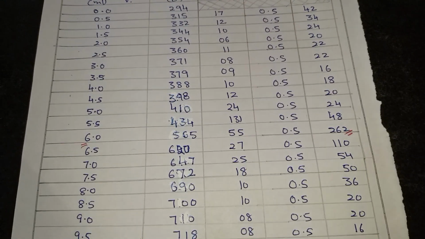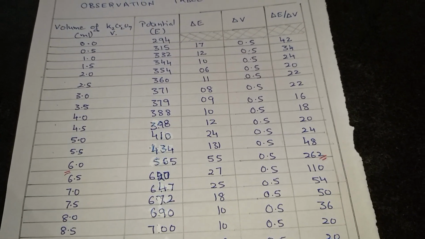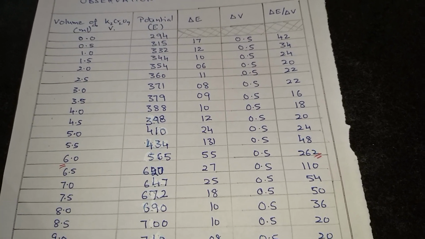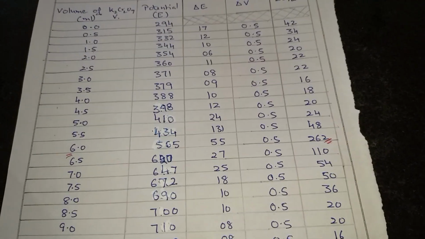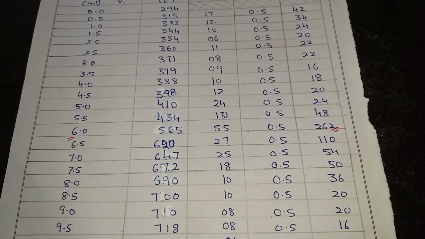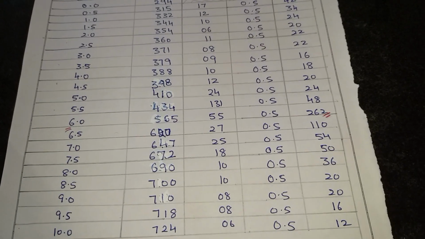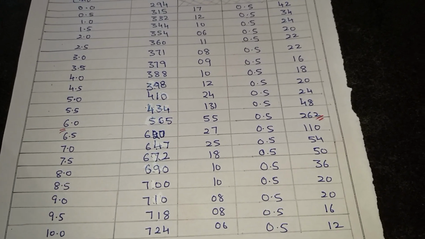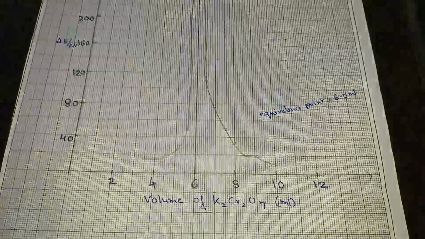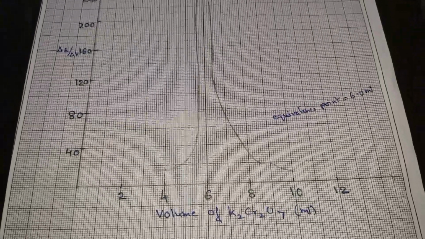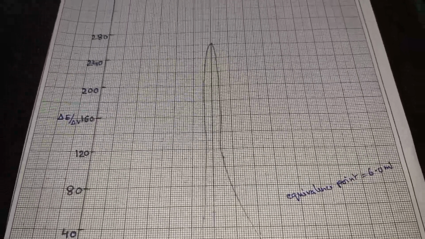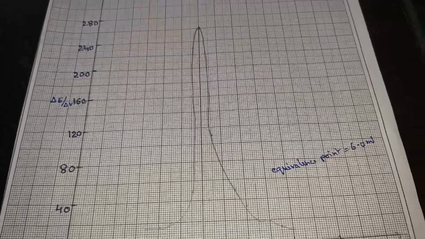And here we can see that at 6 ml we are getting a peak. Maximum value of delta E by delta V we have got. Now we will plot the graph, and from the graph we will get to know about the equivalence point, which we will substitute in the formula to calculate the amount of ferrous ammonium sulfate given to us. So we are plotting a differential curve where volume of potassium dichromate is taken on the x-axis, delta E by delta V is taken on the y-axis.